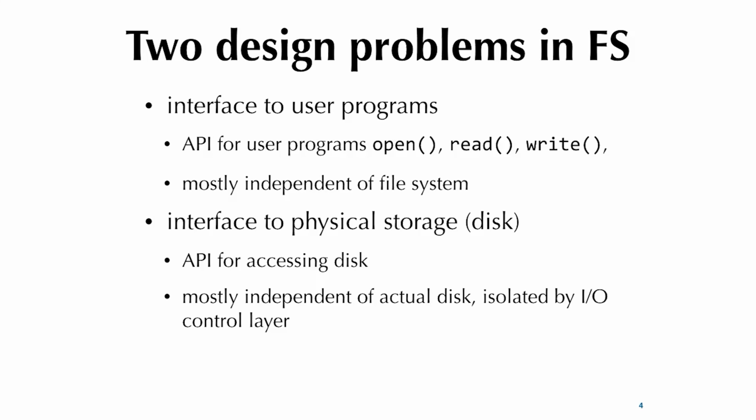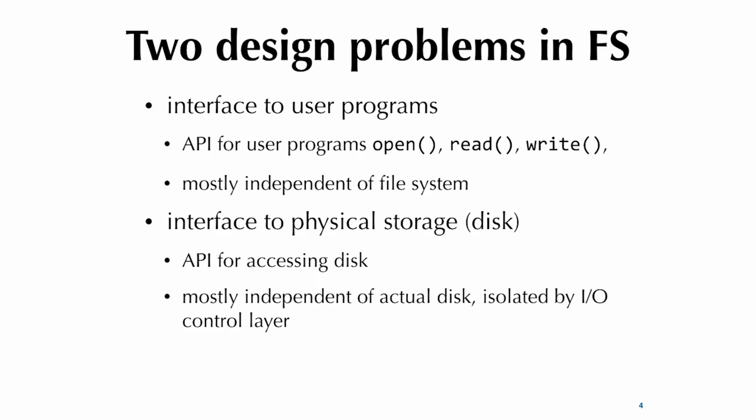And two design problems in a file system would be the interface to user programs and the interface to physical storage, right? For the user program interface, we've seen open, read, write, and this may encompass append as part of the open, and then you do write to it. And this interface to user programs is mostly independent of the file system.